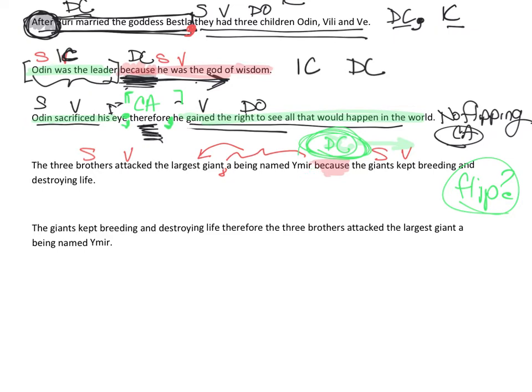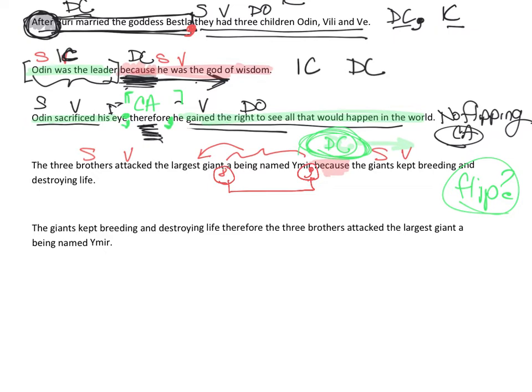Now, in this case, I do still have that comma there, but that comma has nothing to do with the because. That comma is part of this set because we have this interjection. Okay. So let's keep going.